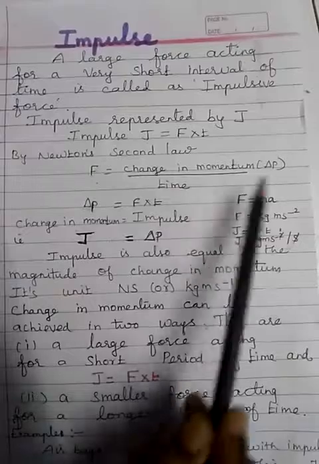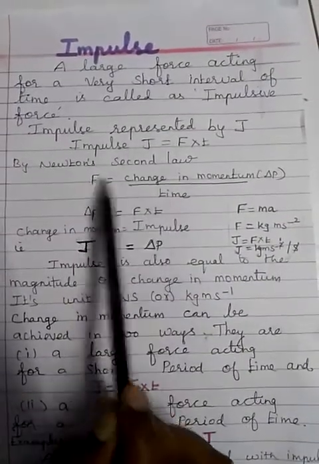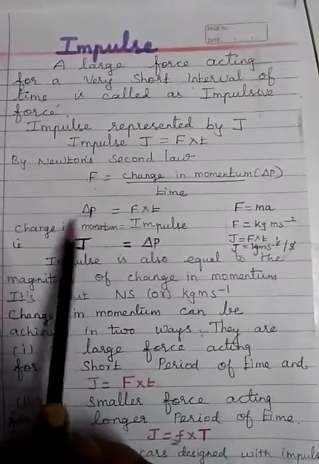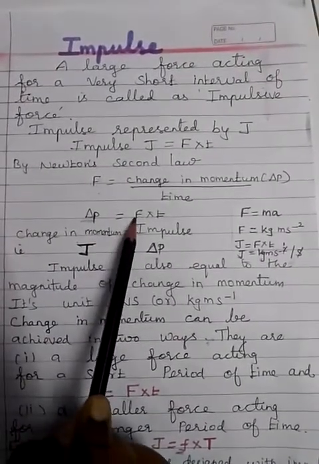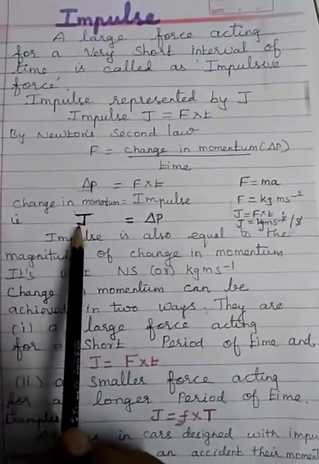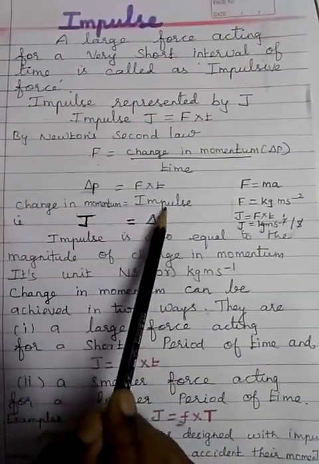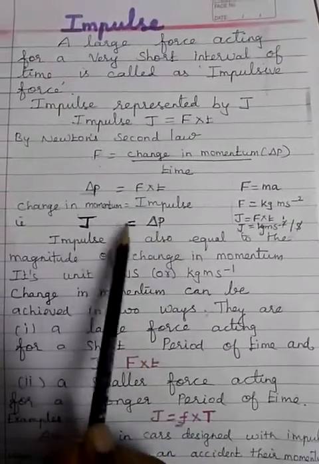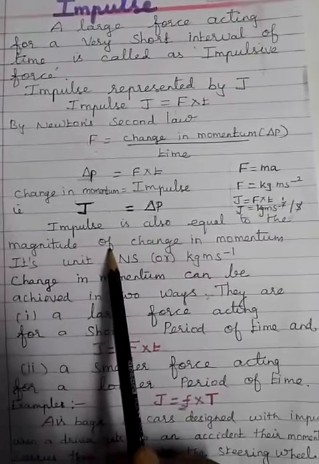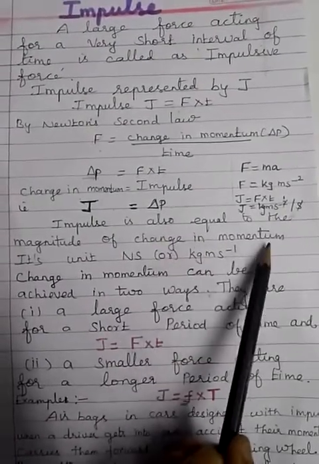So del P is equal to force into time. What is del P? Change in momentum. Force into t is known as impulse, isn't it? So change in momentum is equal to impulse. So J is equal to del P. So impulse is also equal to the magnitude of change in momentum.